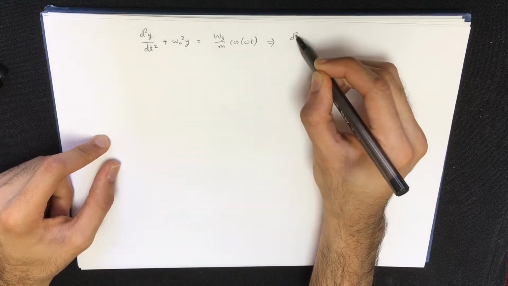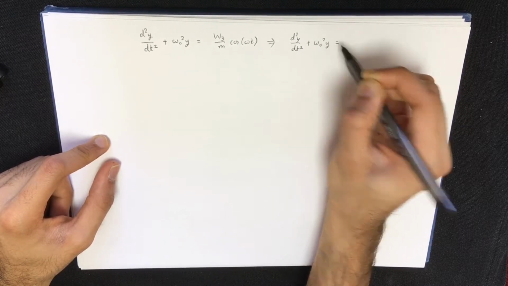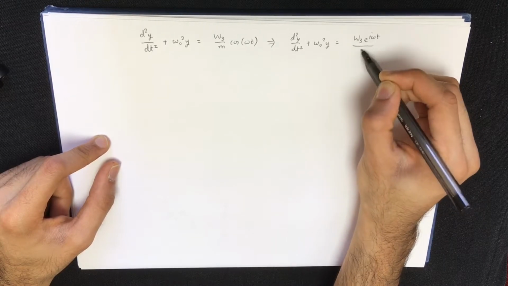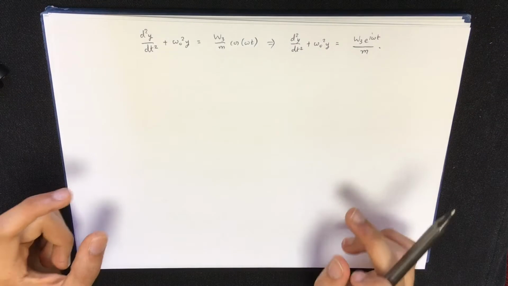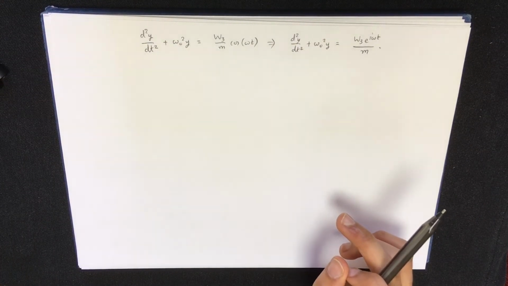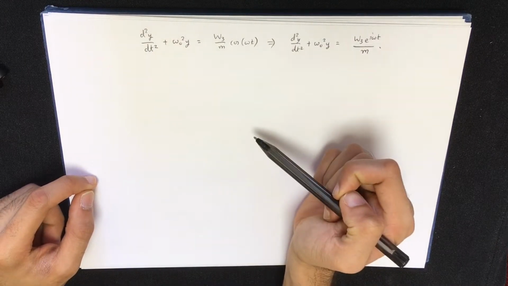So this is going to be d squared y over dt squared plus omega naught squared y equals w3 e to the I omega t divided by m. If I just remember to take the real part of both sides at the end, then I'll basically get the solution I want, because the imaginary part isn't useful for us, because we're only interested in the cos component.